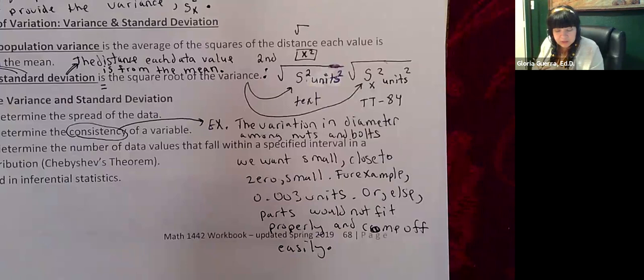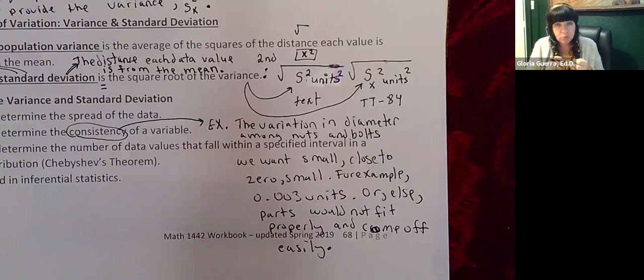So you want to determine the consistency of a variable by computing the variances and standard deviation. When they ask a question like, can it be concluded that the lifetime of these brands of batteries is consistent? When you look at your results, you want something small, close to zero.